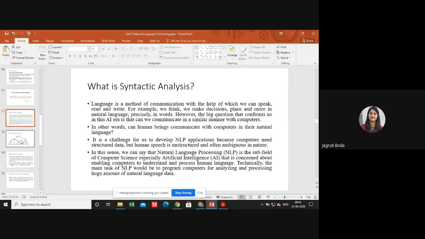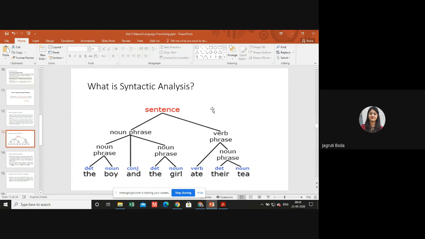We can see. So, first of all, what is syntactic analysis? Suppose you give the sentence, "The boy and the girl ate their tea." How can the system understand the meaning? First of all, it categorizes into noun phrase and verb phrase. The noun phrase has the determiner "the" and the noun "boy", then a conjunction, and the noun phrase has the determiner "the" and the noun "girl".